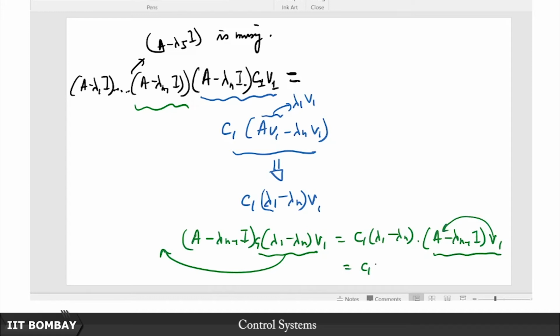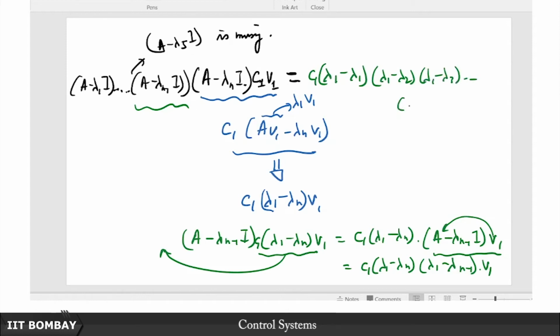So this is going to give me C1 times (lambda 1 minus lambda n) times (lambda 1 minus lambda n minus 1) times V1. Likewise I will get a product till I come to the last term, where I get (lambda 1 minus lambda 1) C1, then (lambda 1 minus lambda 2), (lambda 1 minus lambda 3), like this till lambda 1 minus lambda 5 is of course missing, but then lambda 1 minus lambda 6 and so on till I get (lambda 1 minus lambda n) times V1 is equal to 0.